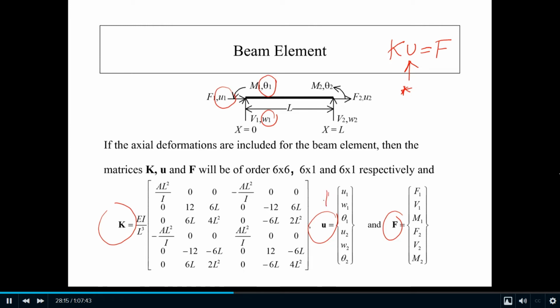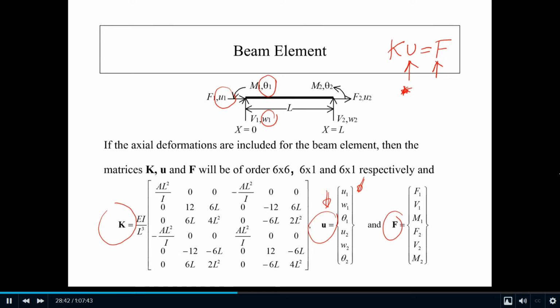In our discussion, I don't think we're going to consider that; I consider only the case with no axial deformation, so only rotation and deflection. For force, for the truss problem it would be axial force, and for the beam it will be moment and shear force at the node.